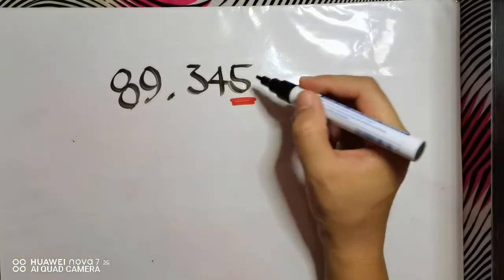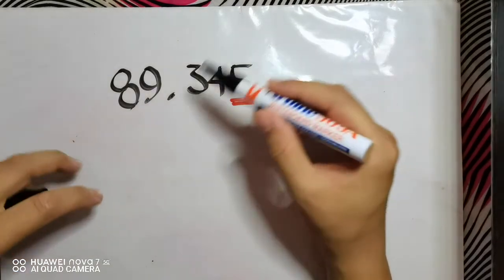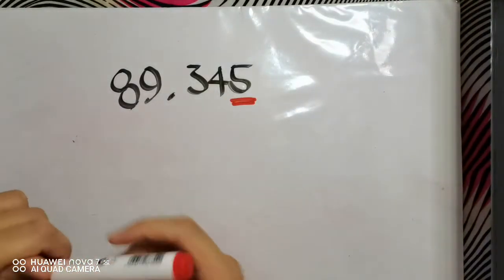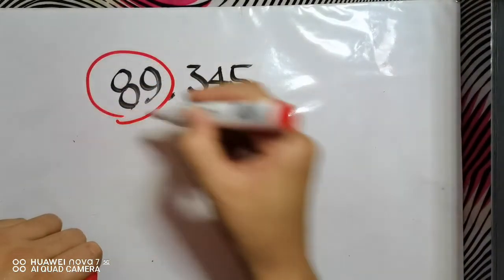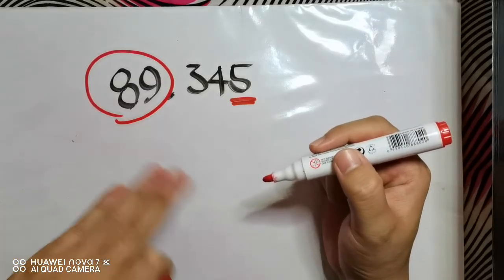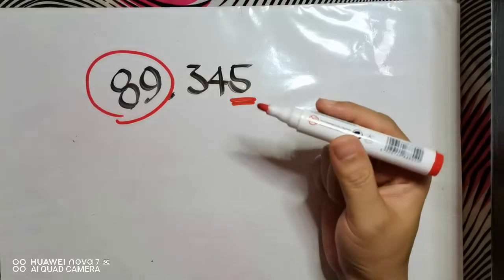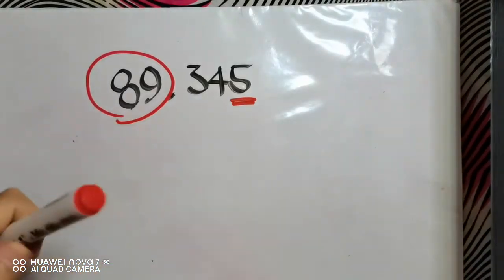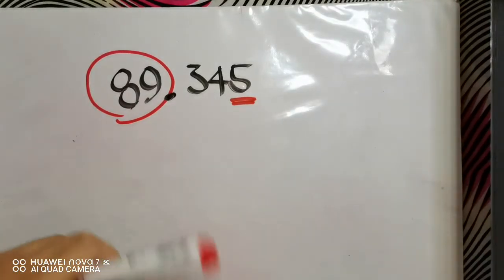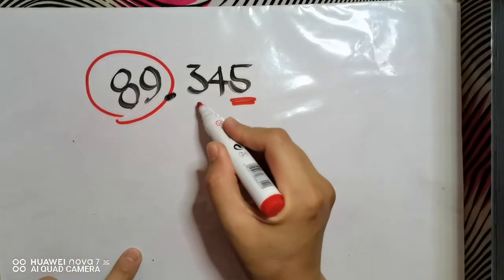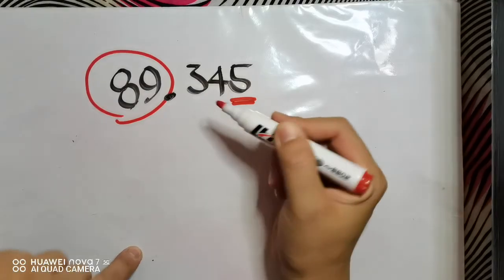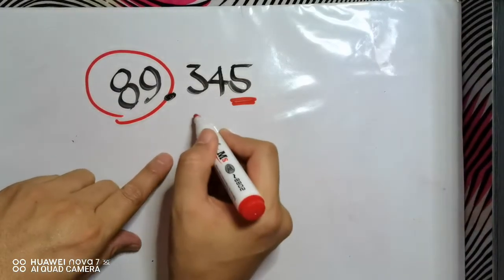Ito yung decimal point. Yung number na nandito, hindi natin yan pakikialaman kasi yan ay whole number. So, punta tayo doon sa numbers na nandoon sa kanan. Kung ito ang decimal point natin, dito tayo magsisimulang magbigay ng kanyang place value. So, this one is tenths.